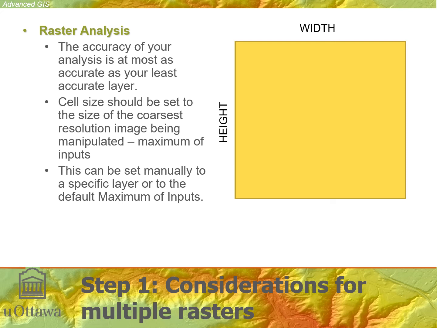So keep that in mind, so that if by chance you do have a bunch of raster layers and some of them have different cell sizes, then you can choose, for example, maximum of inputs as the cell size in environments. But this again is something we should never encounter, because before we start any analysis, we should always resample our layers to a common cell size, that usually being the largest cell size in the set.